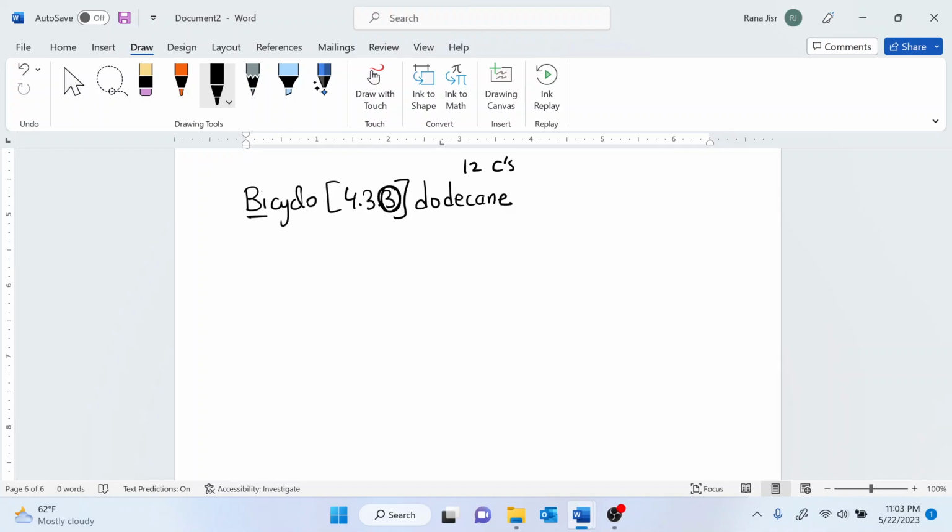And I know it's a bicyclic, so I need to have 2 points of connection. So draw your 2 points of connection. On one side, I have 4 carbons. So go ahead and do the 4 carbons in there, or connect them at the end. And then on the other side, I have 3 carbons. So this is going to be 1, this is going to be 2, and this is going to be 3. Let's go ahead and connect them so that we can draw the 3-carbon bridge.